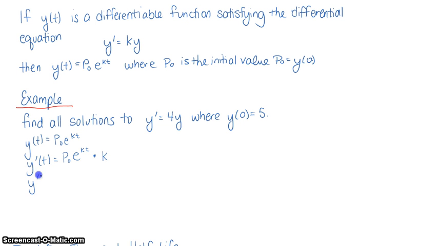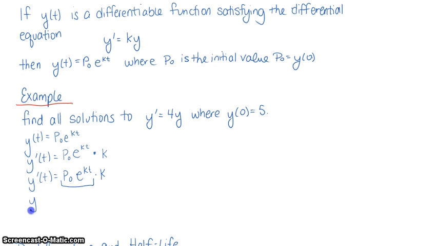So your derivative is going to have P0 times e to the kt times k. This is your original function, y of t. So now we have y prime is equal to y of t times your k.